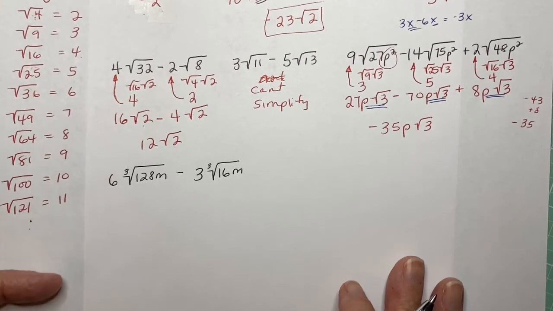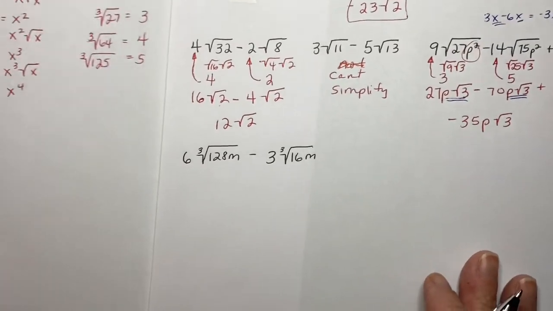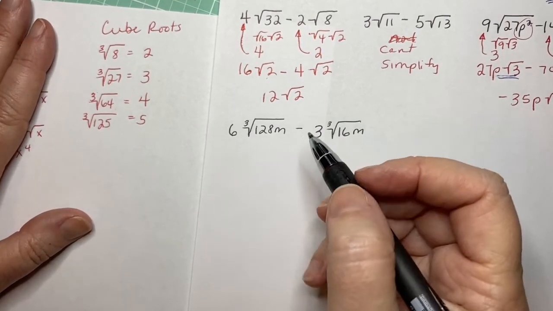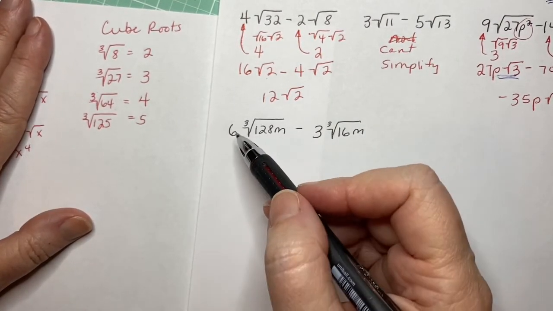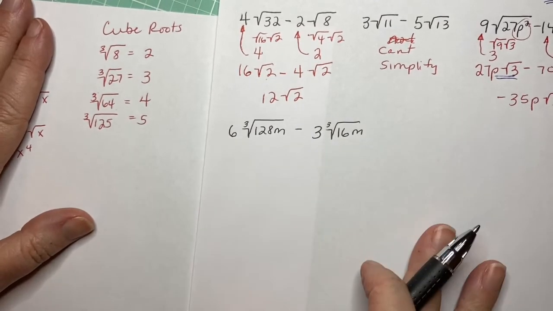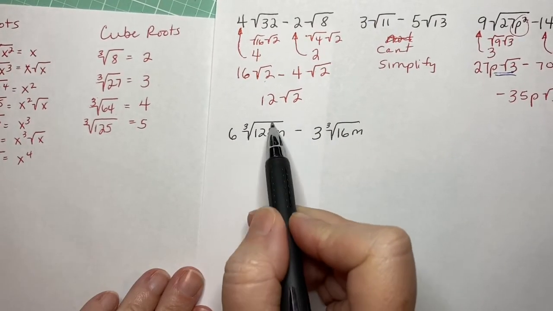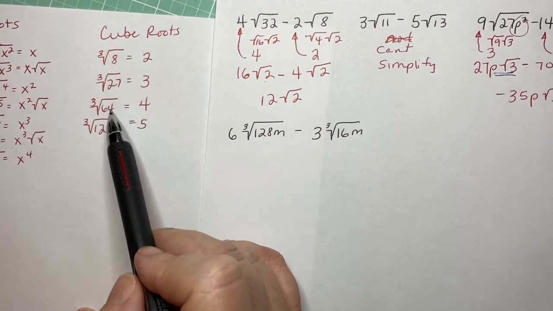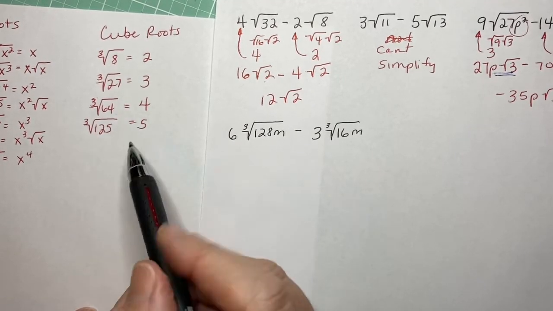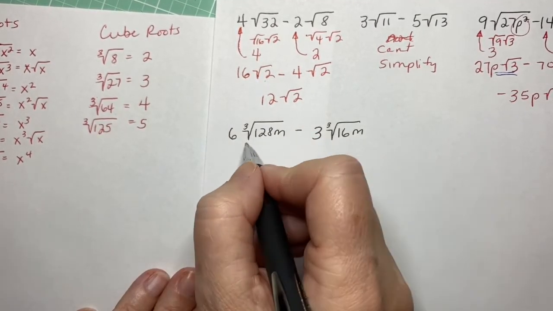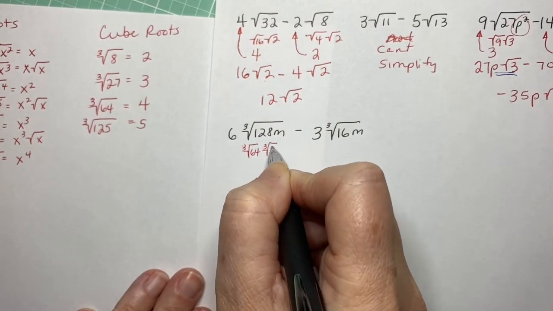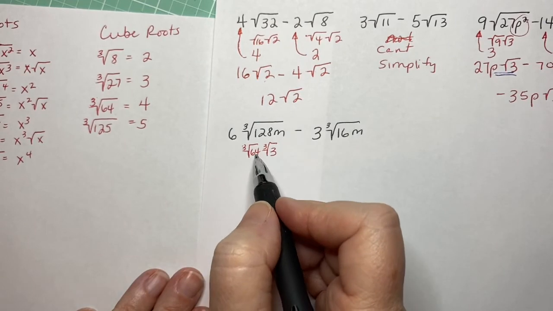Now this last one's a cube root, and so we've got to move over to our cube roots before we can work with these. So this is 6 cube root of 128m. We're going to look at this 128, and we're going to look at our cube roots, and which one would go into 128 is the cube root of 64. So the cube root of 128 breaks up to be the cube root of 64 times the cube root of 2, not 3.